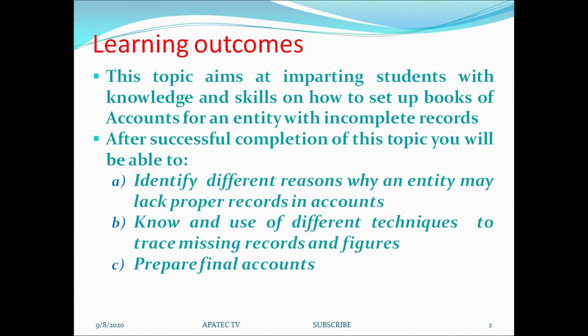So in summary, we shall look at the different reasons why incomplete records may happen.